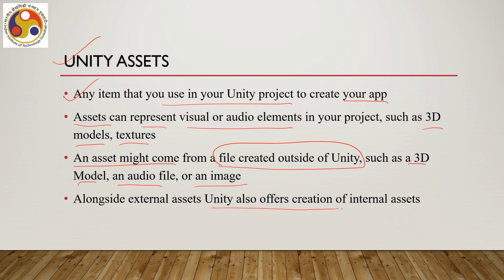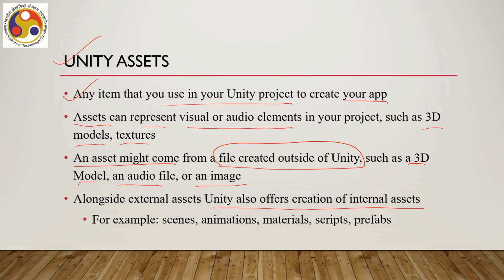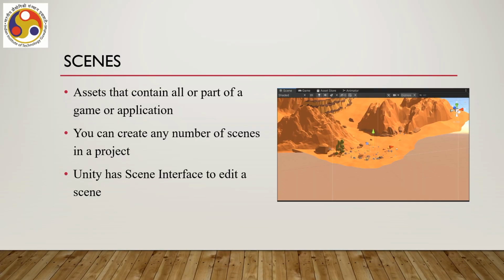Unity also offers creation of internal assets. So, both ways are possible. For example, scenes, animations, materials, scripts, prefabs, these are all concepts associated with Unity and these are also assets. Now, a scene is a specific type of asset.